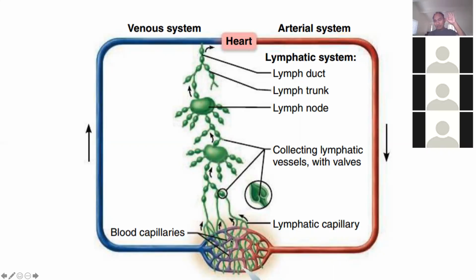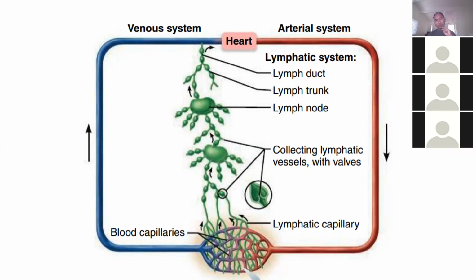But if the protein is large, they might not be able to take it back through the venous system, then the lymphatic system is just like a scavenger. Anything left behind, left over, it will pick up, tidy it up, and then drain it into the lymphatic system, and finally gradually come into the venous system. So they will put everything back into the circulation. That is the job of the lymphatic system.